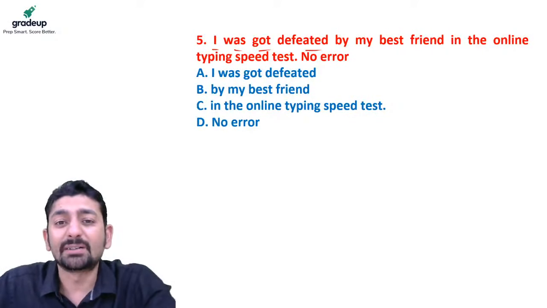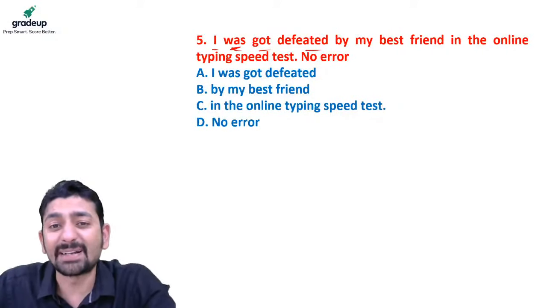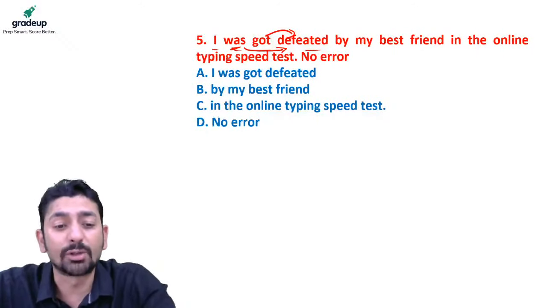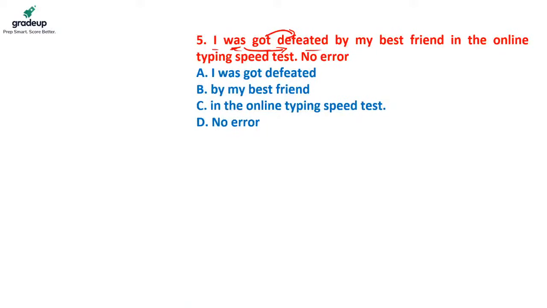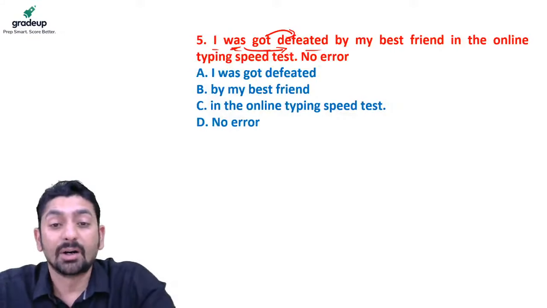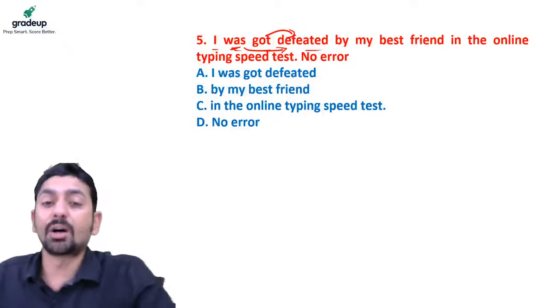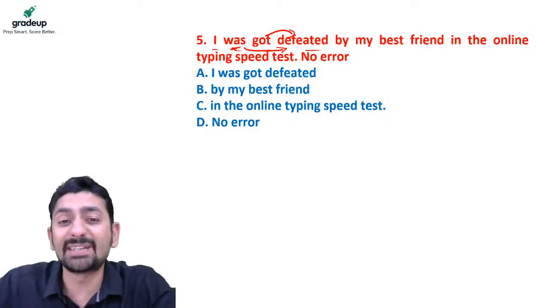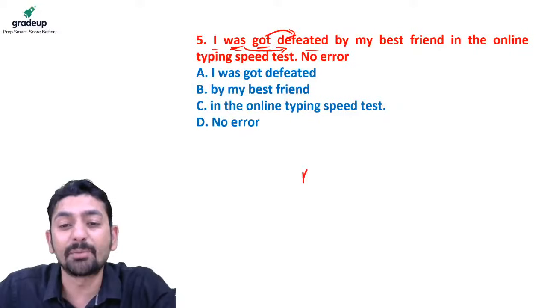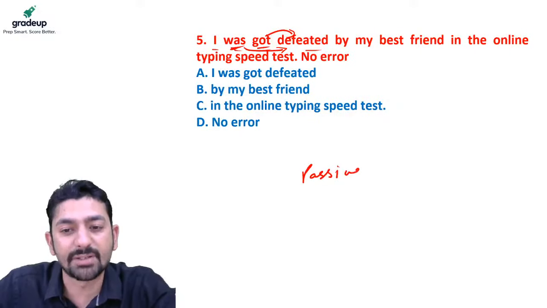Now remember, you either write I was defeated or you write got defeated. You cannot write both. You either write got defeated or was defeated. It actually is acting like a helping verb and this sentence is in passive voice.